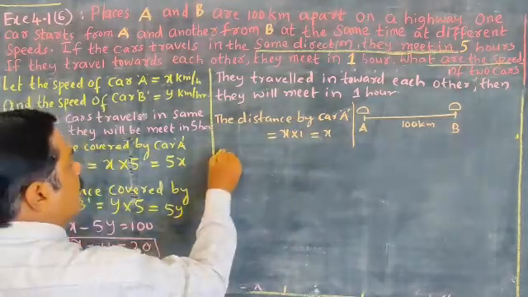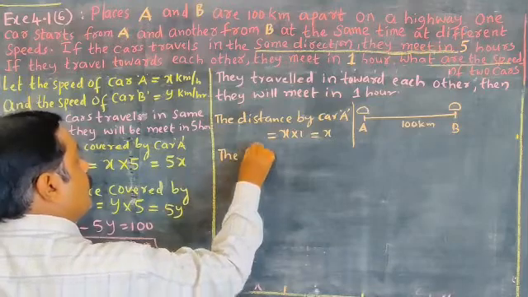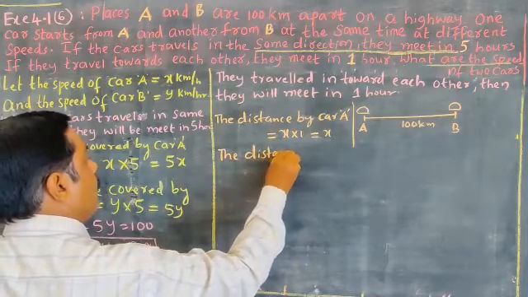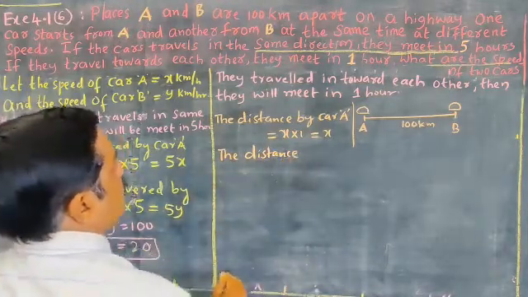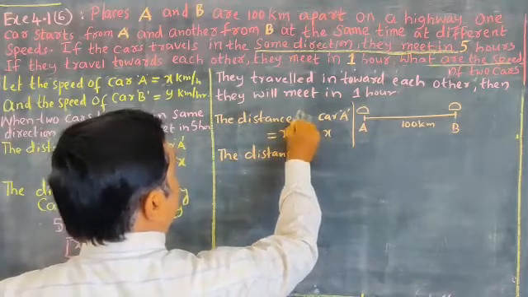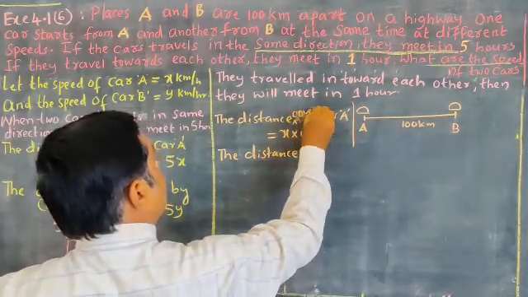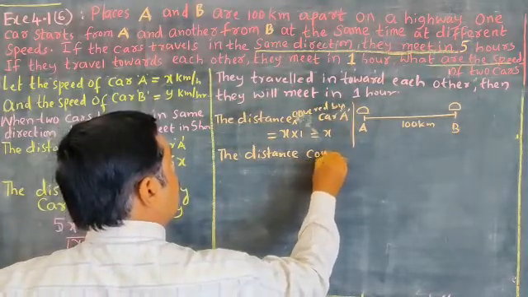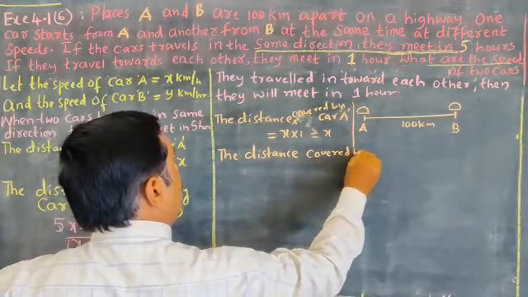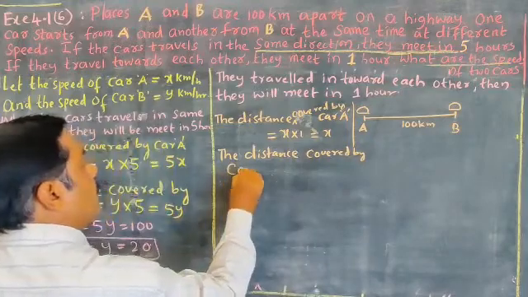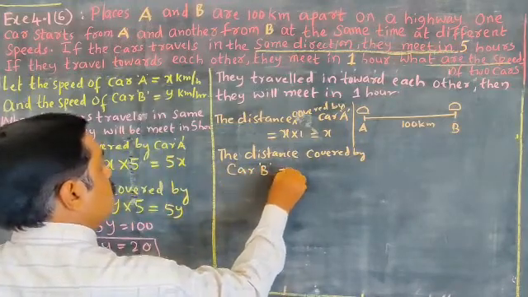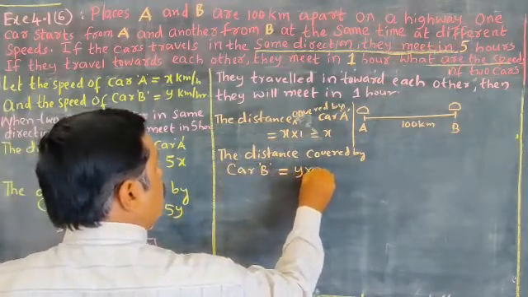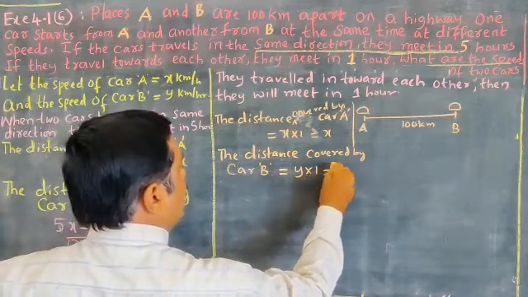In the same way, the distance covered by car B is equal to y into 1, we get 1y.